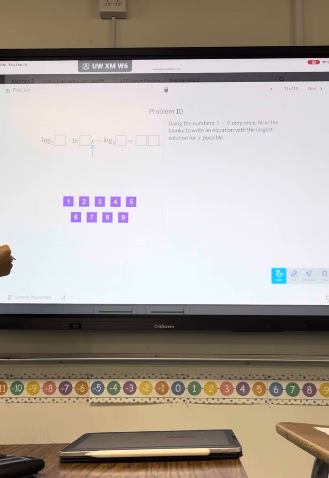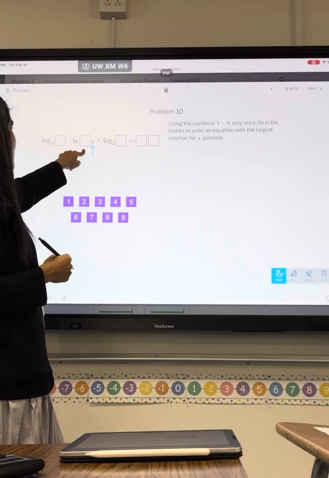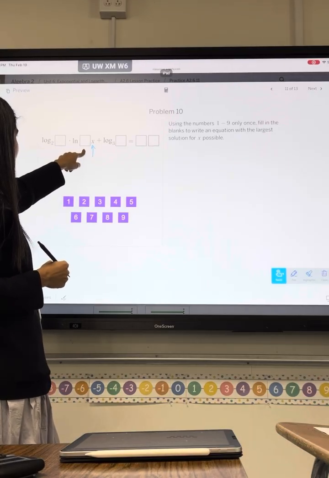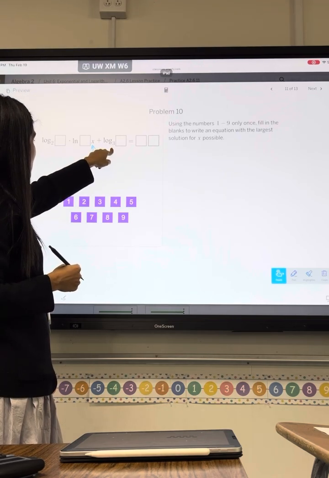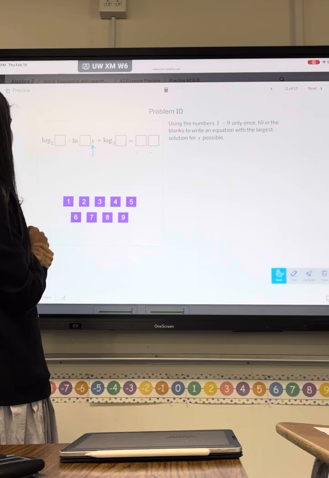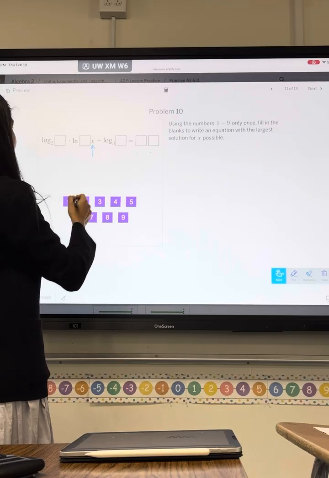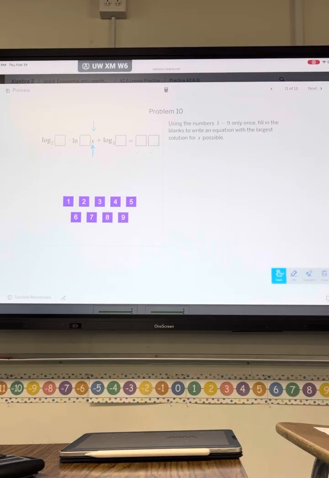Okay. So I want log base 2 of something times ln of something x plus 3 plus log base 3 of something to be a 2-digit number. And I want x to end up being the biggest possible thing. So here's my logic, you guys.